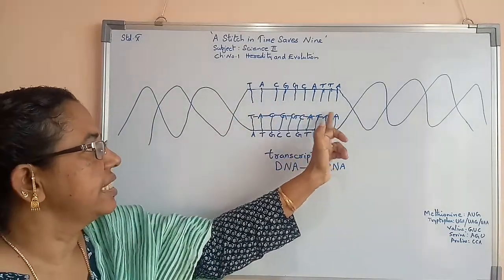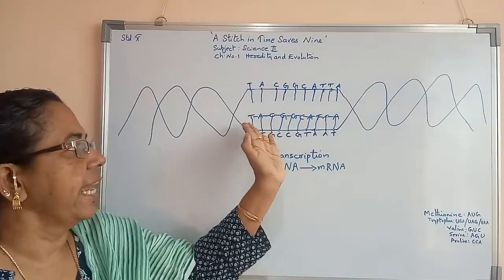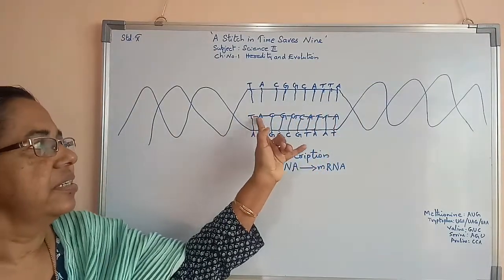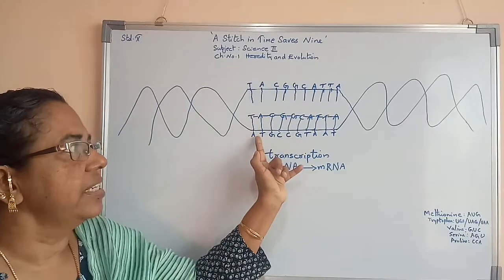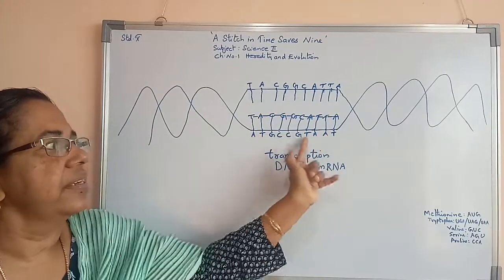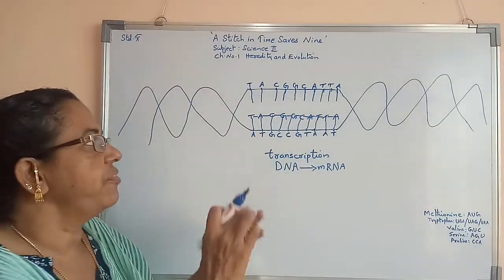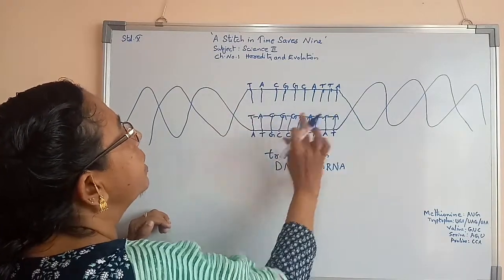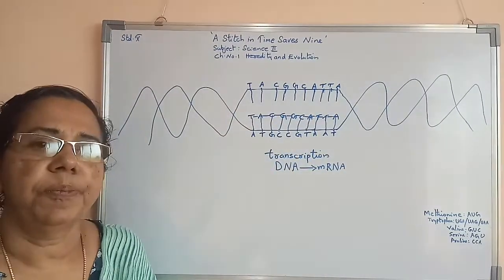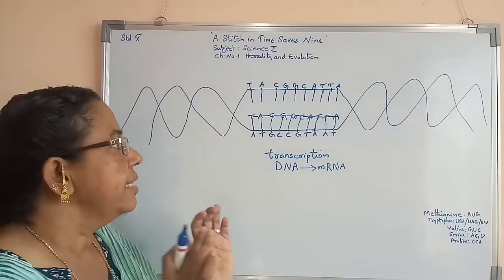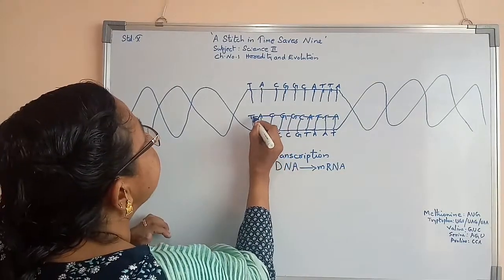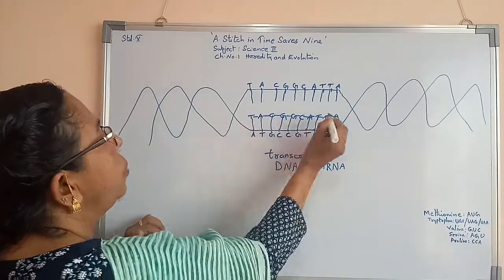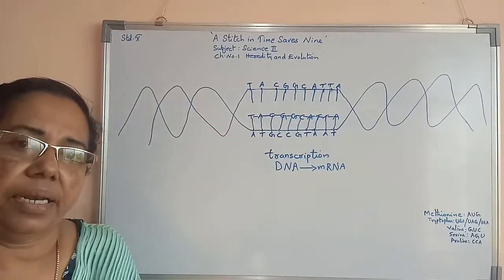Now these nucleotides came and joined here with the different nucleotides. After that these nucleotides joined in the form of a chain. Then we can say that this is known as a new messenger RNA.